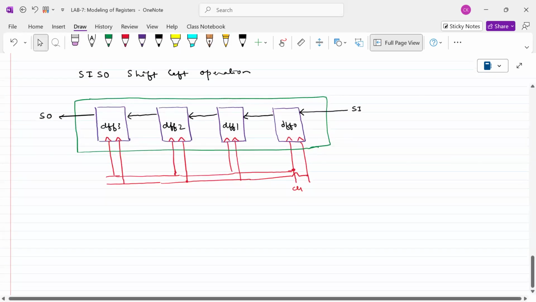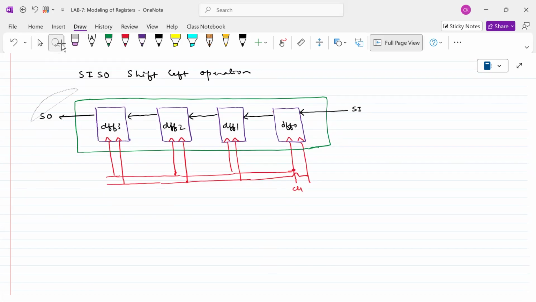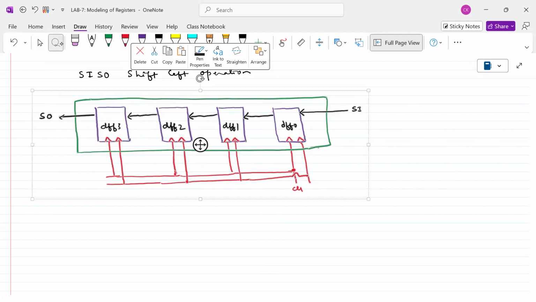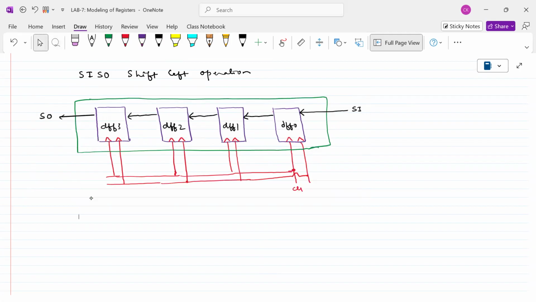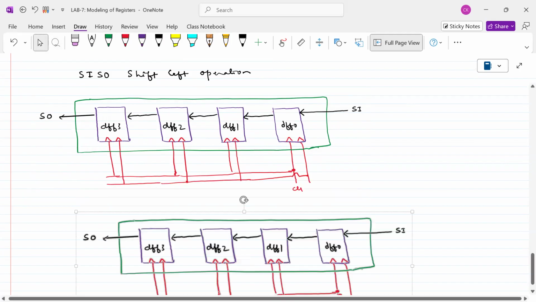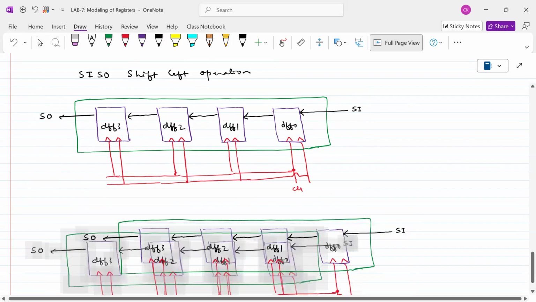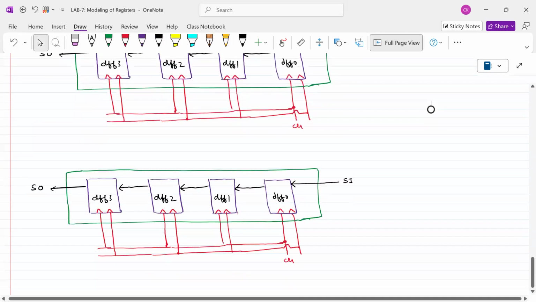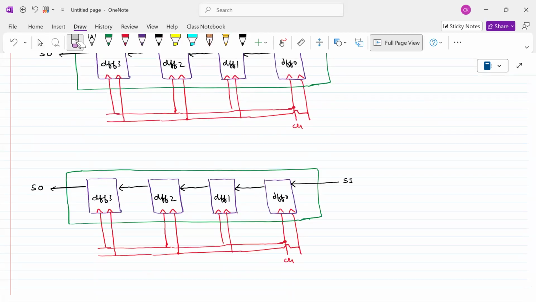This is the one thing. Next, we'll take another type of shift register. There is a possibility of shift right also. So what modification can I make for the shift right operation? Now the direction is not this way.